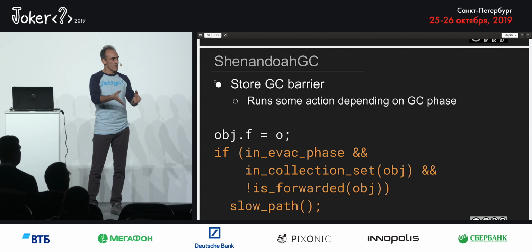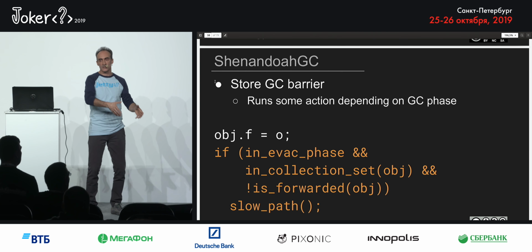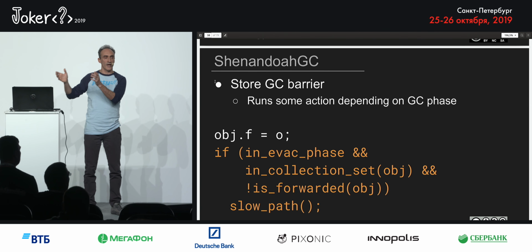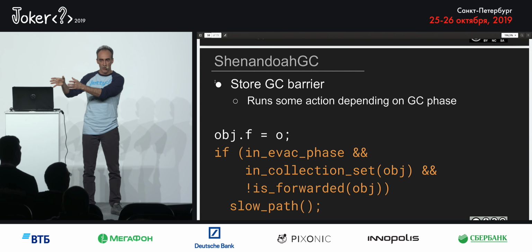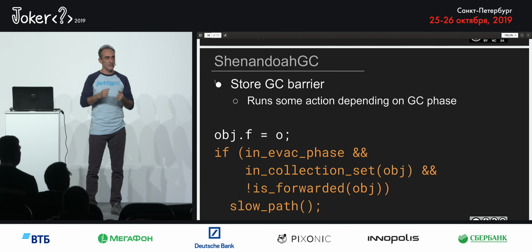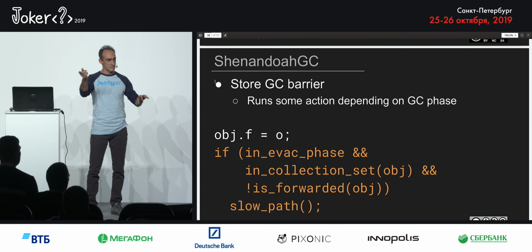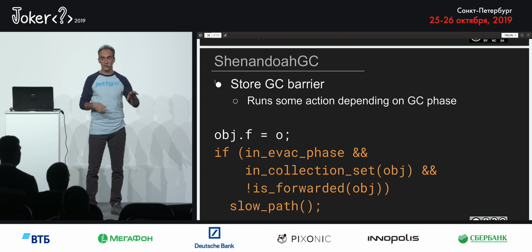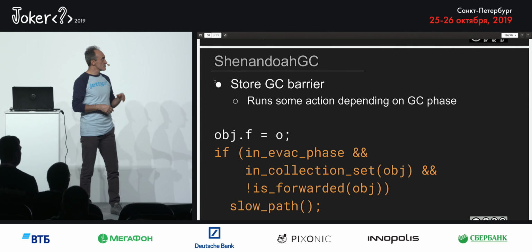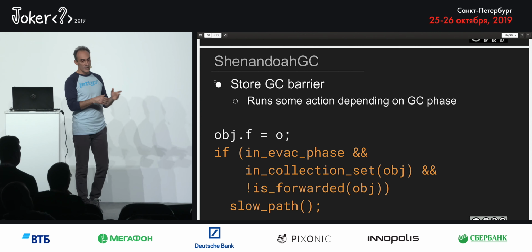It is now the application that needs to take that object, move it to a different place, and then write to the new copy. Because otherwise we will end up in the situation that I showed you in the very first slides, where I'm writing to the old copy, to the from space copy, and then when I update the pointer, I have lost the write, okay?